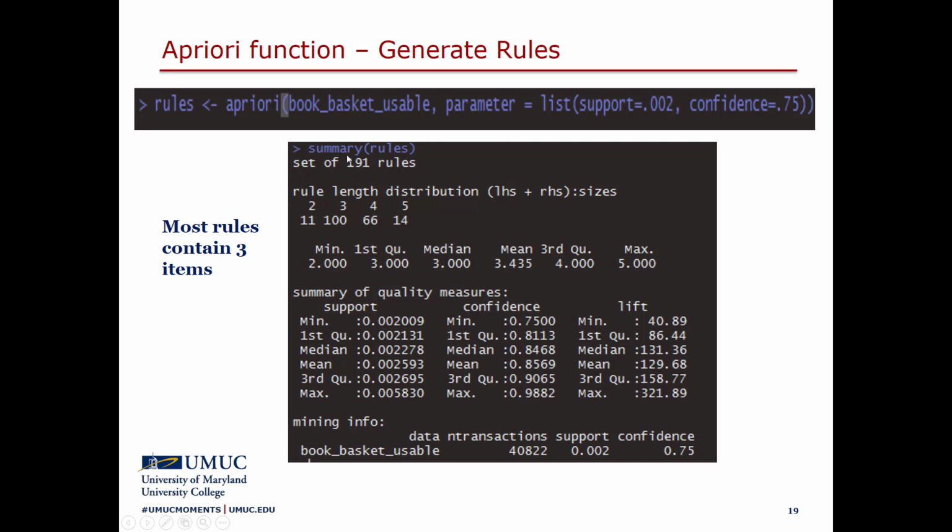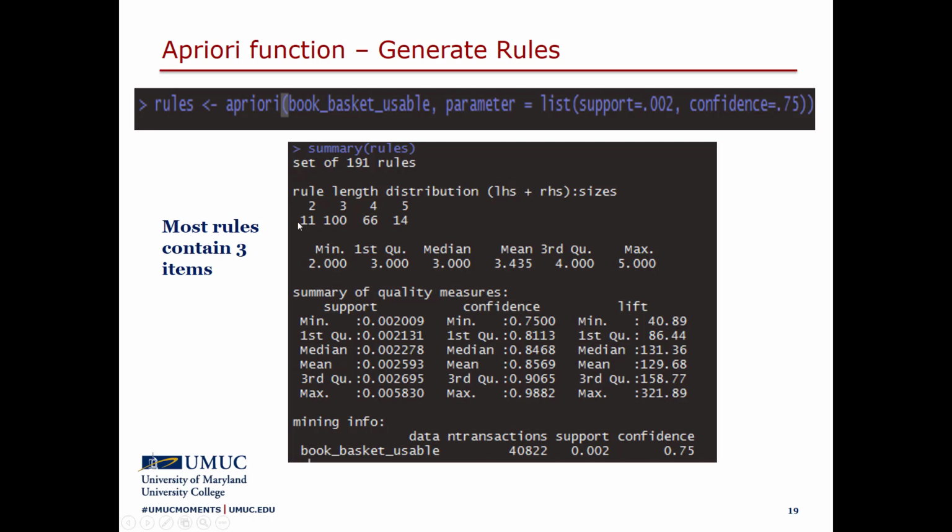So it returns 191 rules here, and this is a distribution showing the length of each category of the rules. Rule length is basically the count of items in both the left-hand side and the right-hand side of the rule. So the sum of the items in each rule.